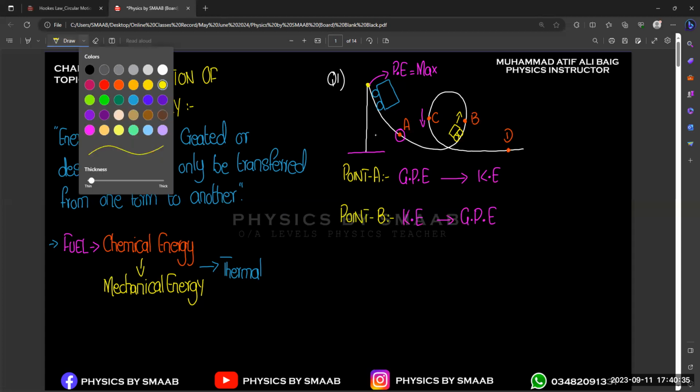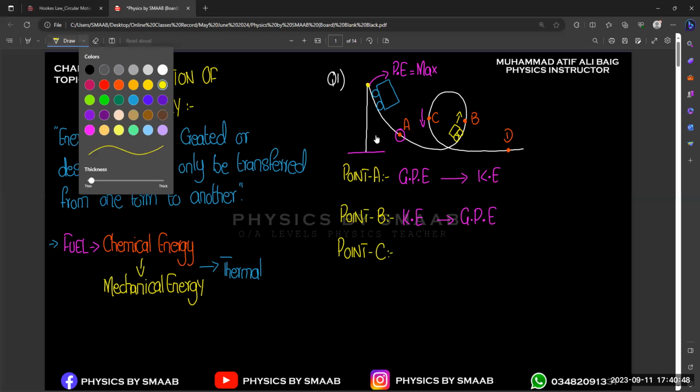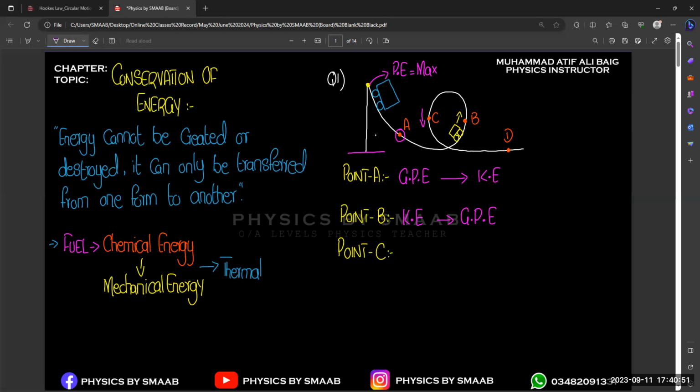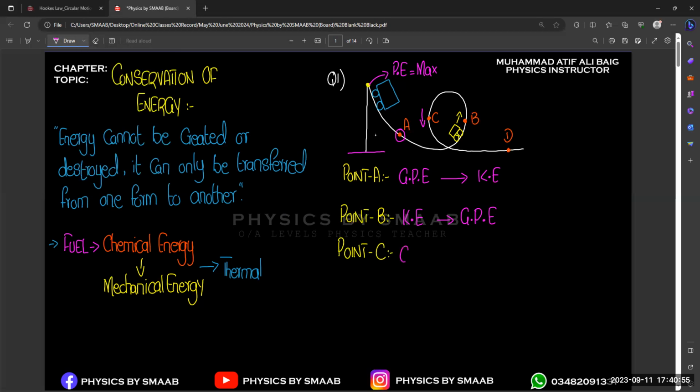Because now we are moving in the downward direction, your energy will convert into the opposite form, that is from gravitational potential energy to kinetic energy.